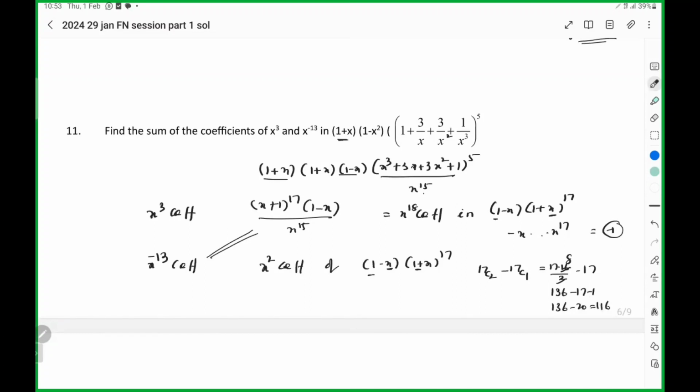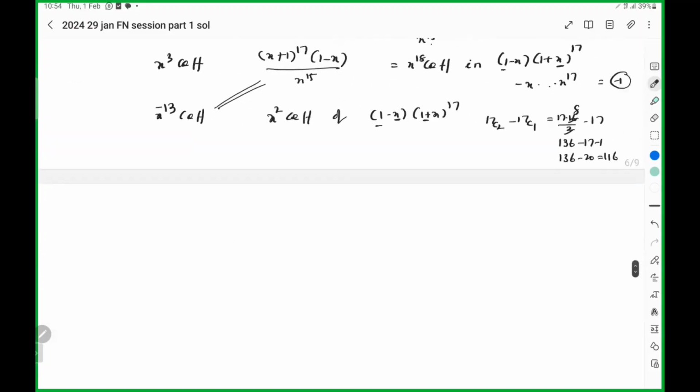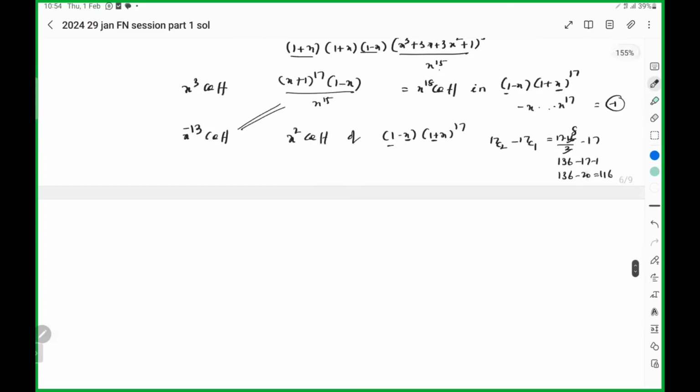So we'll have 119, I think here it is 118.